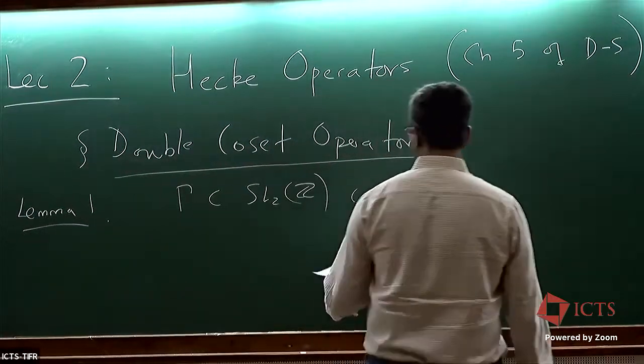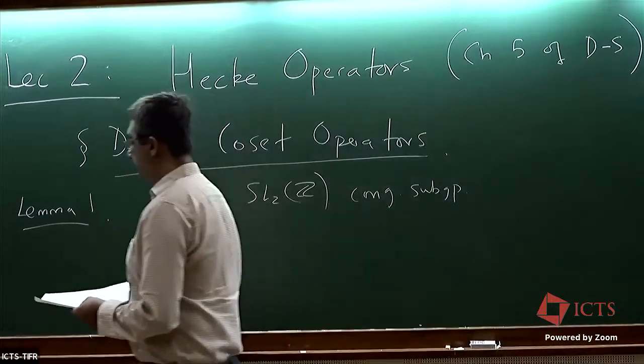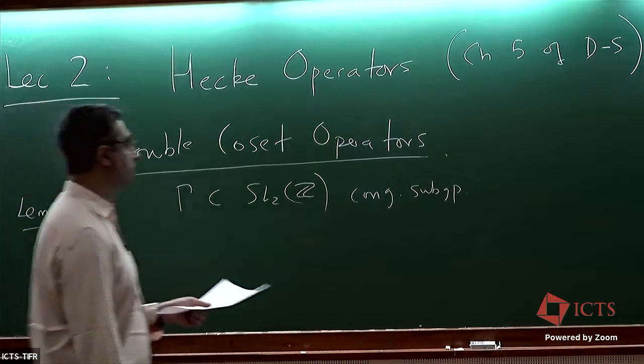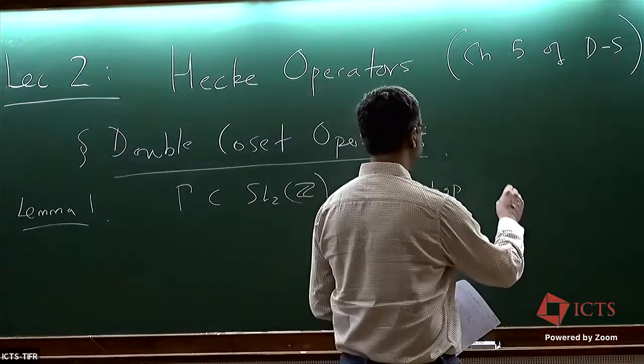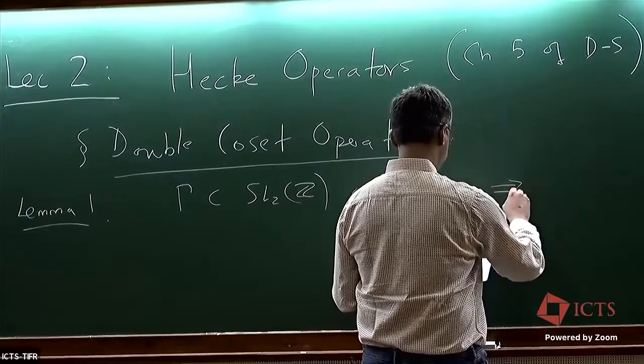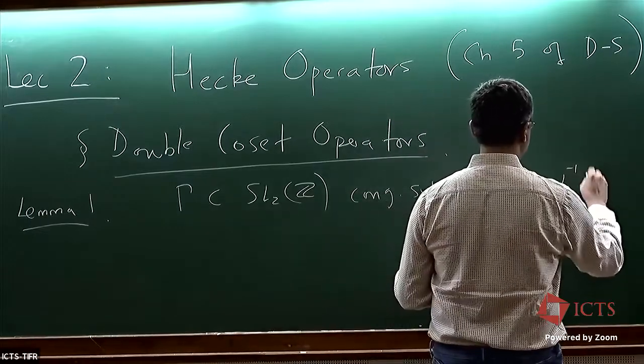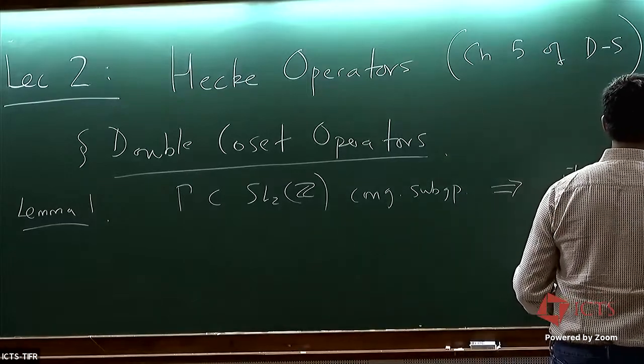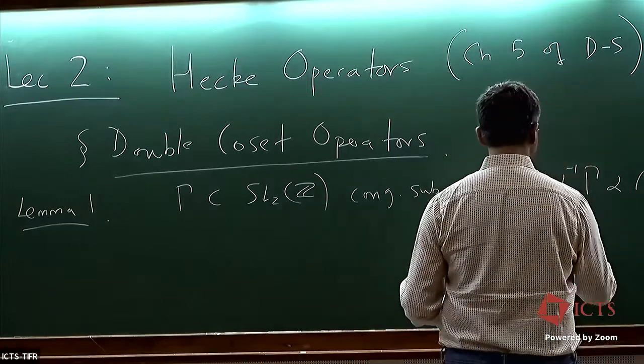But you don't need gamma to be gamma 1 N or gamma 0 N or something specific for much of the discussion. So there is some level of abstraction. But if you're confused, think of gamma as gamma 1 N. Then this group is also a congruence subgroup.